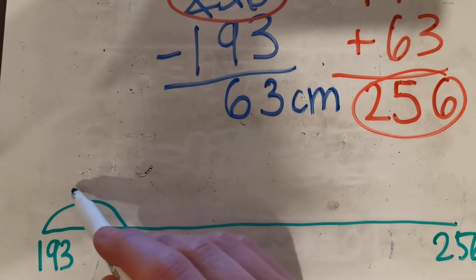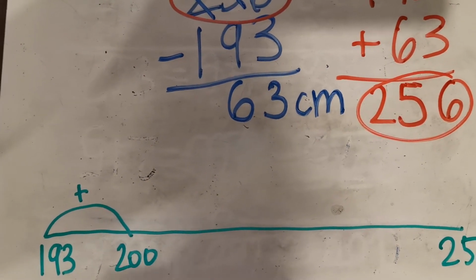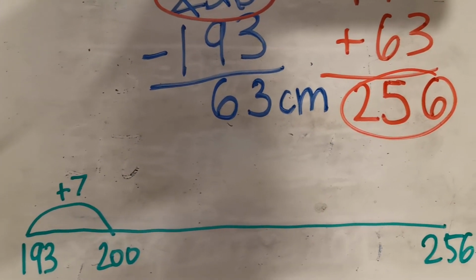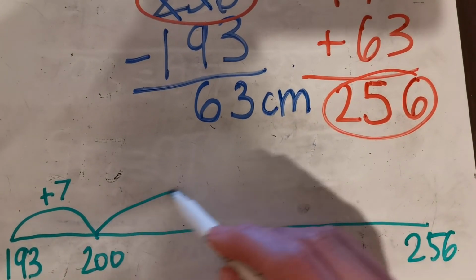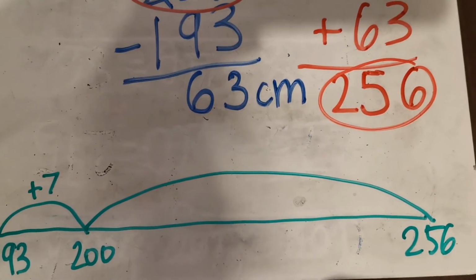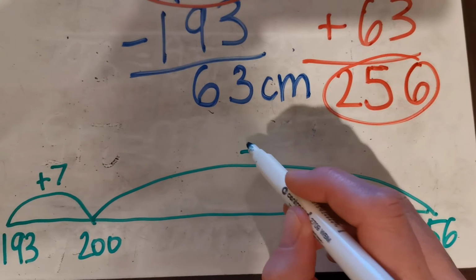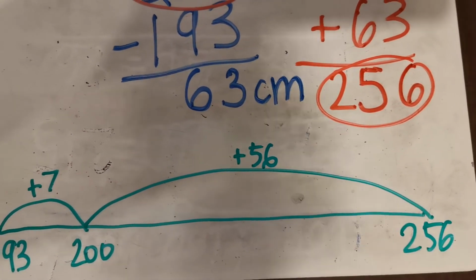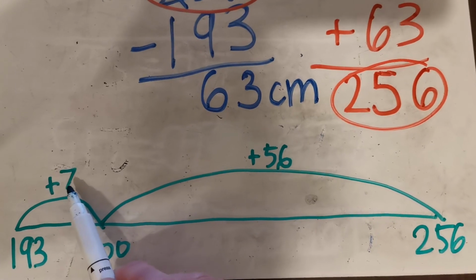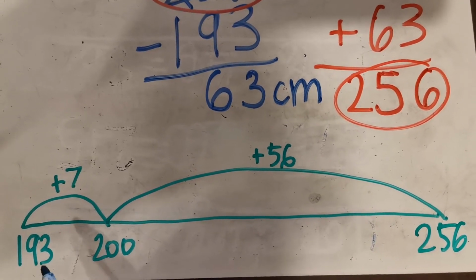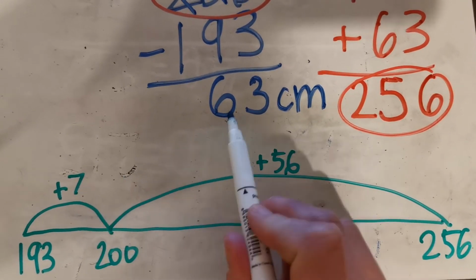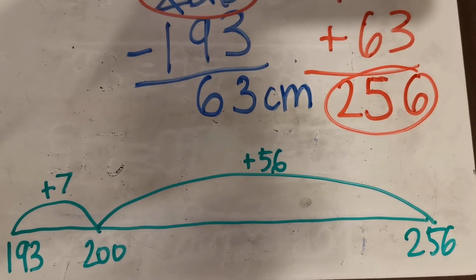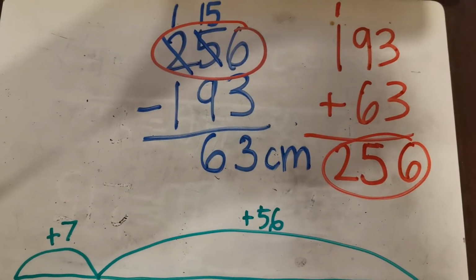How many is that? Plus 7. And now let's jump 200 to 256. I think we could do that. Plus how many? 56. 56 plus 7. 56 plus 4 is 60. Plus 3 more is 63. Look at that. Okay, same answer.